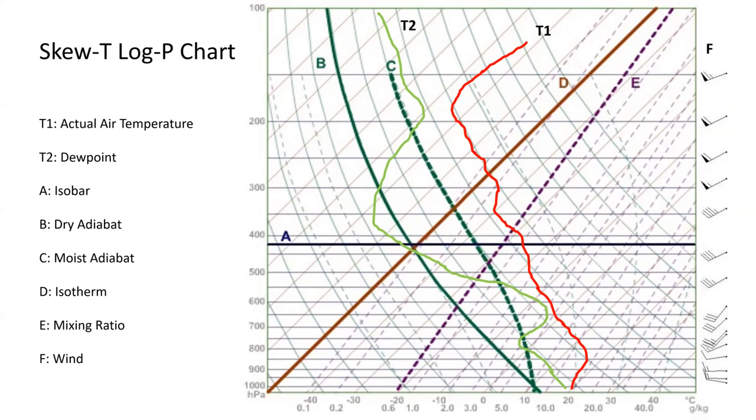The big difference is that the temperature, rather than being on the x-axis and representing a vertical component, is actually this solid line here, these isotherms. So this is the freezing level, the zero isotherm. And then we get some sense of height with these isobars.